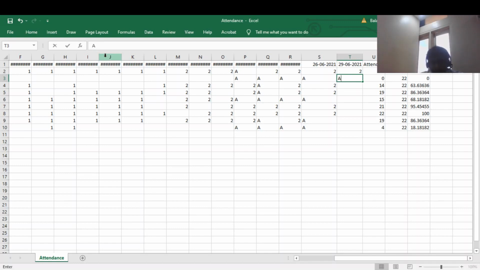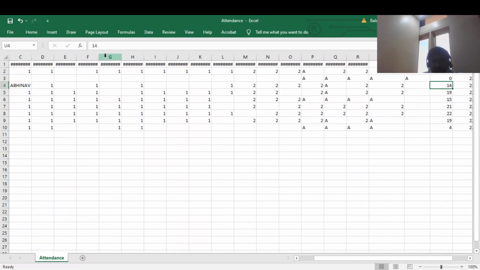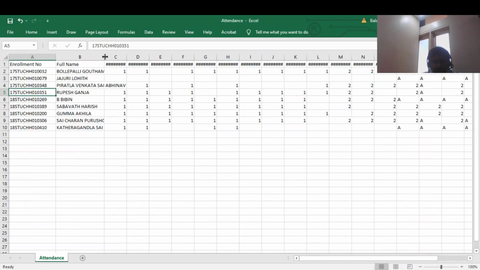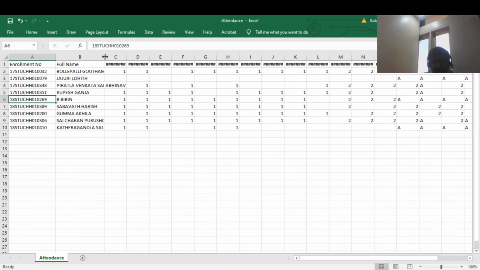He attended the test without attending any class, but I don't know. 348. Are you responding, Abhinav? 351, Rupesh, are you answering? 269, Bibin.